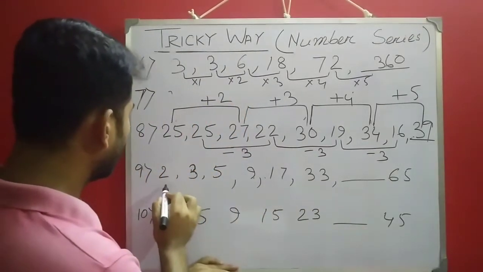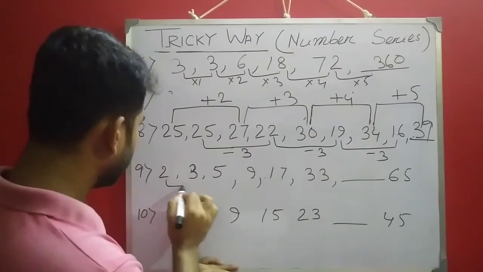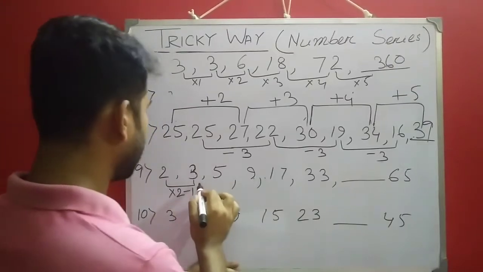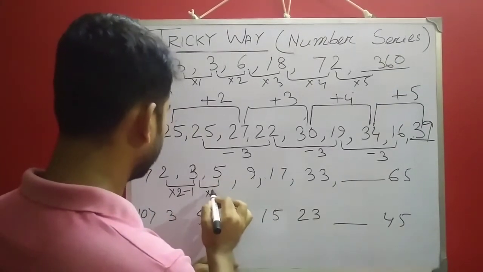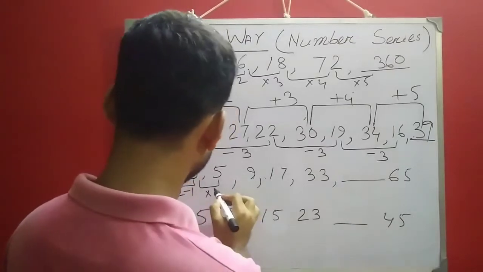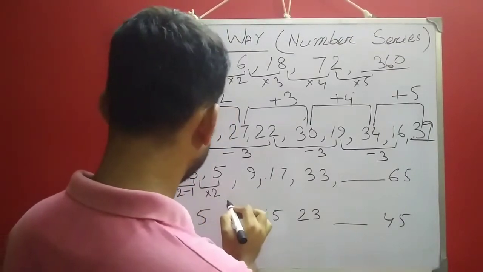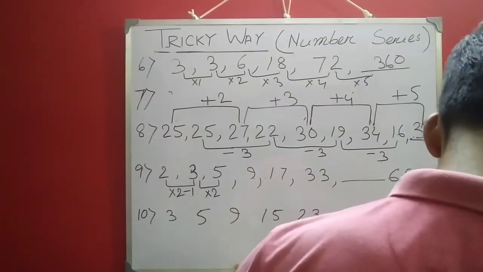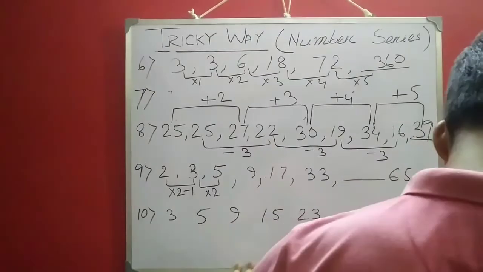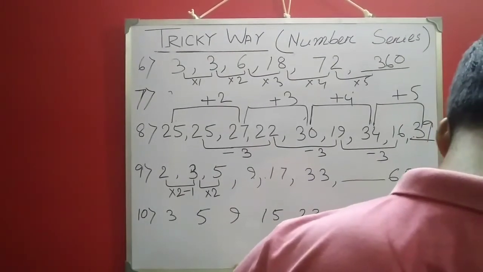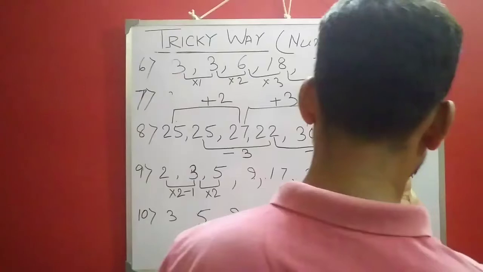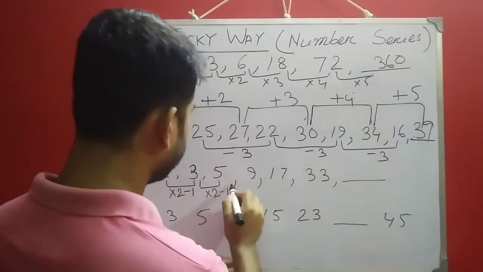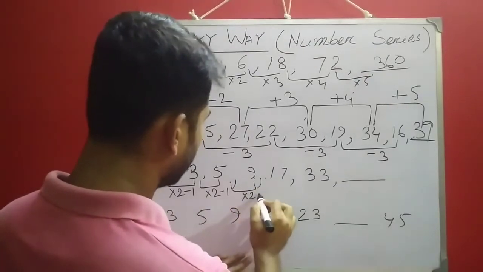So here is 2 into 2 minus 1, and it is 3 into 2 minus 1, and it is 5 into 2 minus 1.